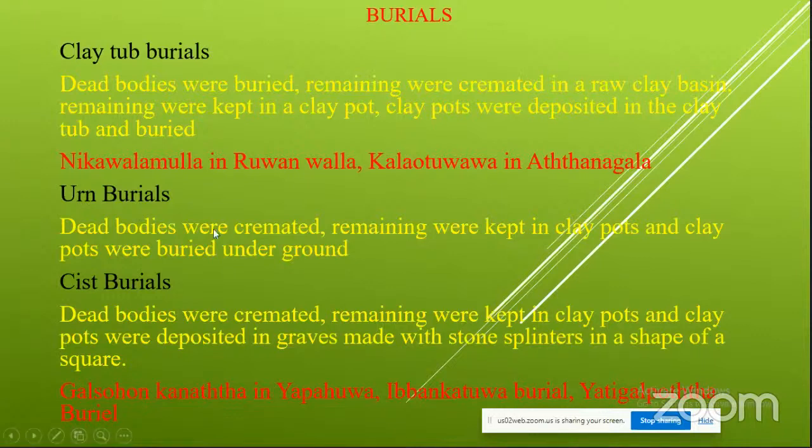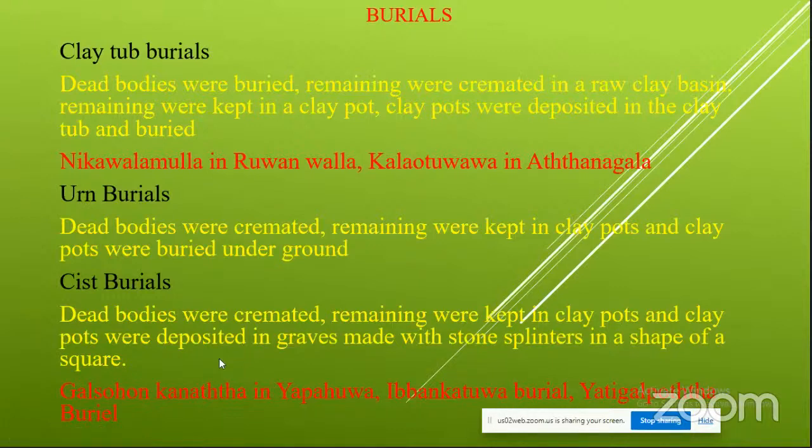About urn burials, we could not find evidence from many places. Because of that, we can't write anything about that. Cist burials means once again the extension of urn burials. The dead bodies were cremated, remainings were kept in clay pots, and clay pots were deposited in graves made with stone splinters. In urn burials the clay pots were just buried, but here they were deposited in properly prepared graves.